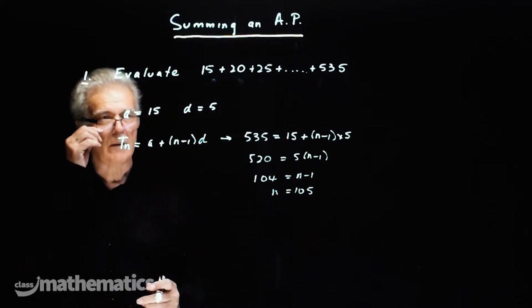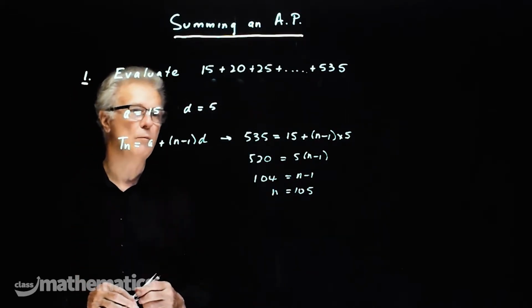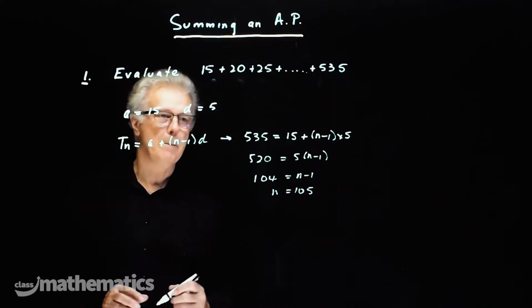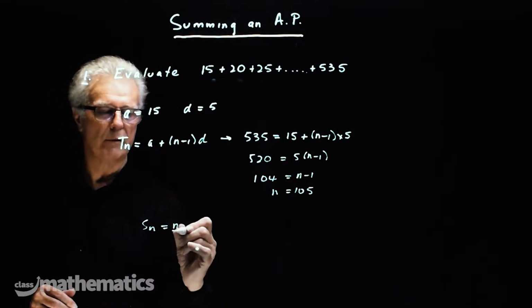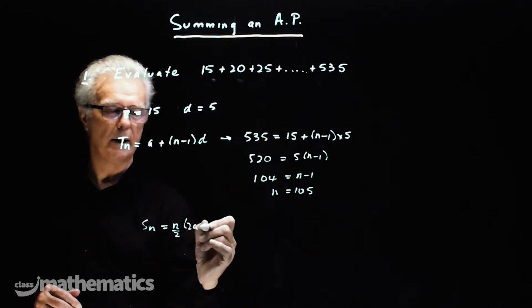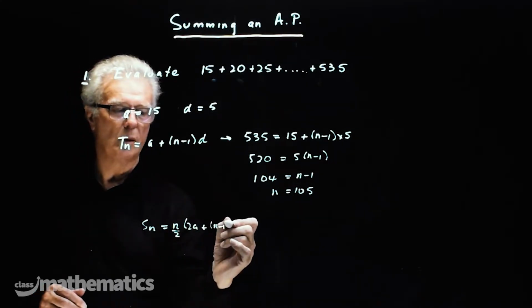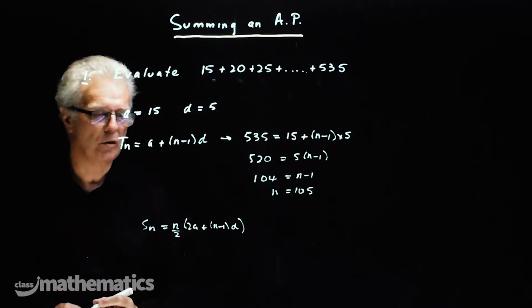Now, we have to use the sum to n terms formula here, and there's two ways we can do this. We could use this formula, Sn equals n over 2 into (2a plus (n minus 1)d). We could use that one.